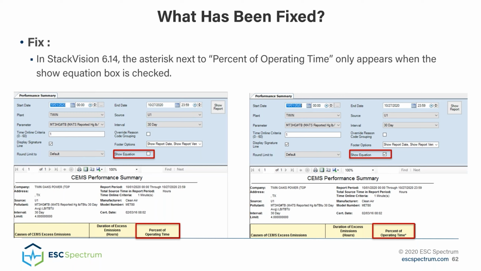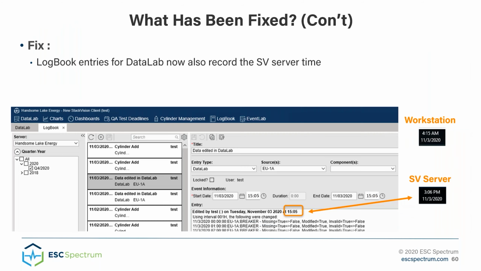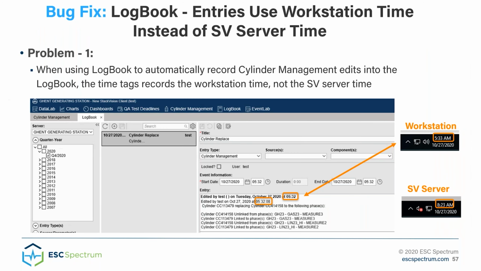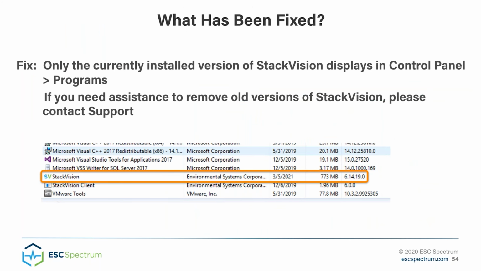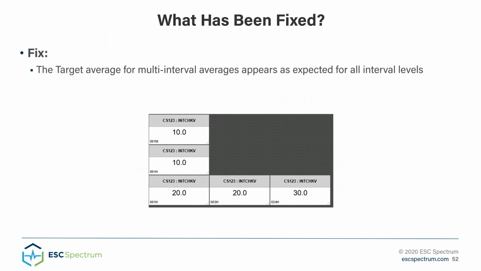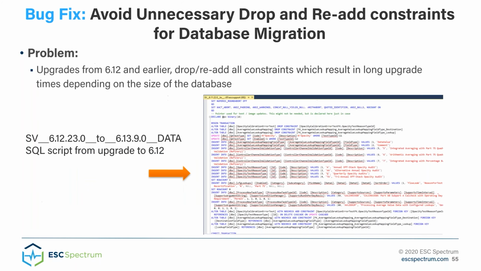Oh, he says he just wanted to see the slides again. Oh, okay. And that was the max value bug. Let me see if I can find the exceedance events report bug that was fixed where the max value showed incorrectly. Maybe it was this way.